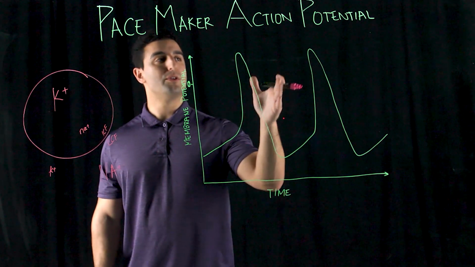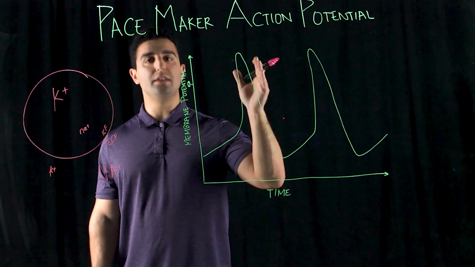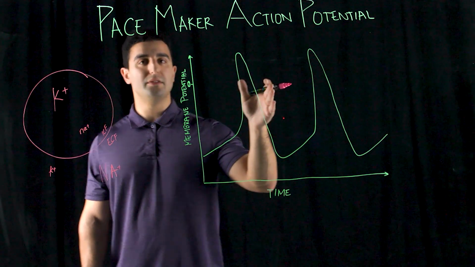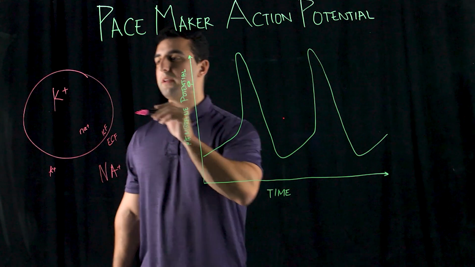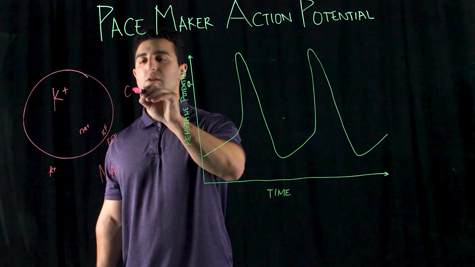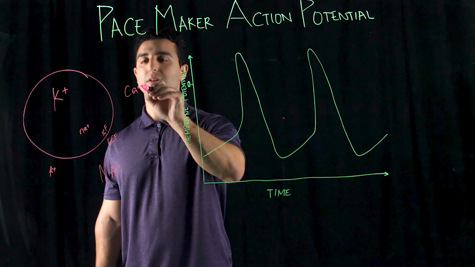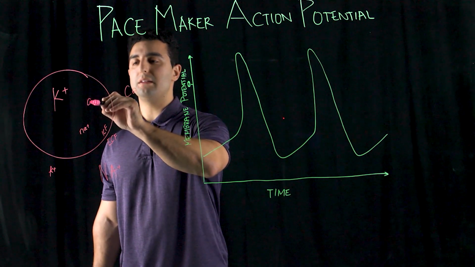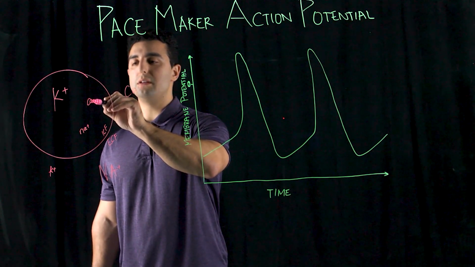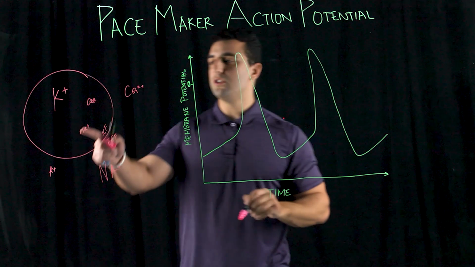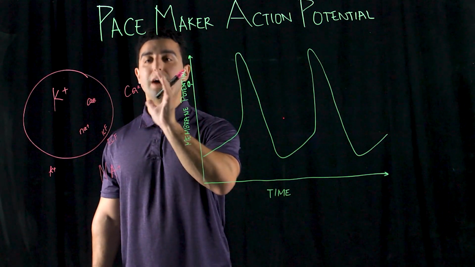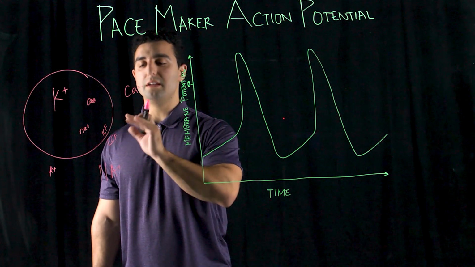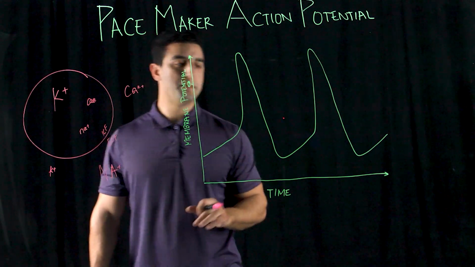Now that we're involving the cardiac muscle, we have a new cation that's really relevant, and it's calcium. You have very low concentrations of calcium on the inside of the cell. However, there's a higher concentration of calcium on the outside of the cell, so in the extracellular fluid, right?